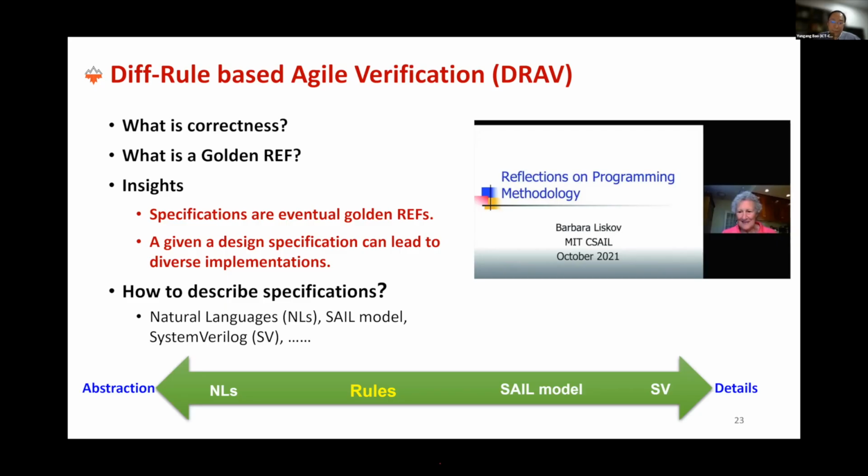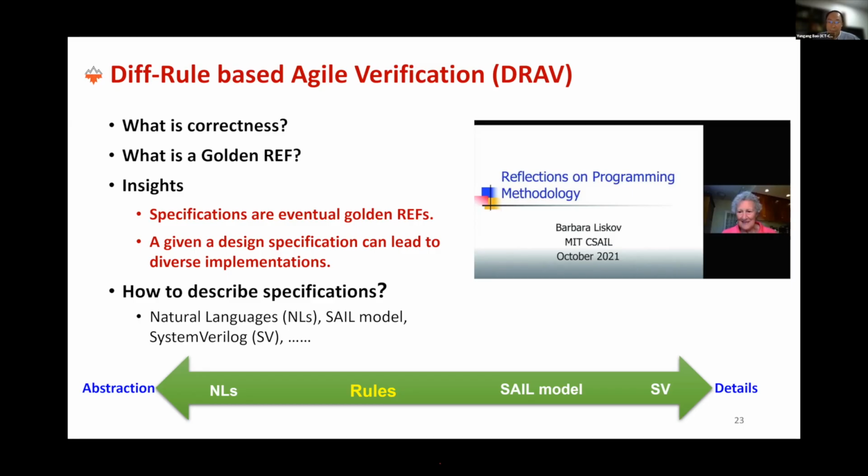This is very flexible and a very high-level abstraction, but it's not accurate or precise. We can also use something like SystemVerilog to describe a specification, but in this case there is a lot of engineering work to describe implementation details. We can also use some formal model, like a cell model, but we still need many details.